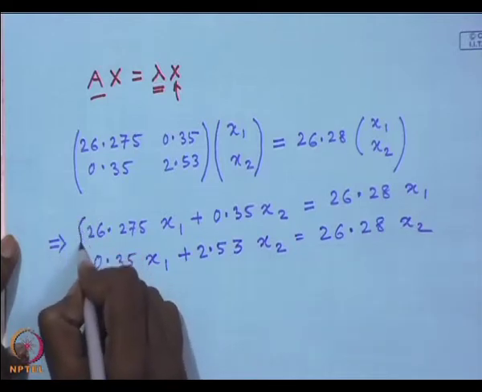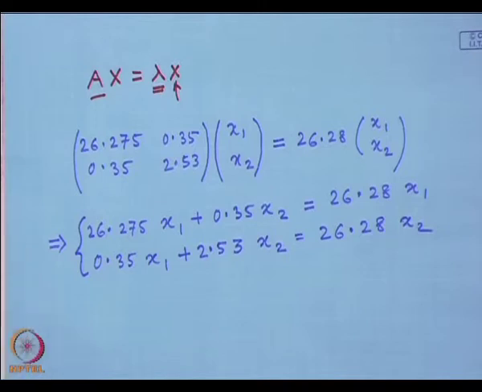So, I get these two simultaneous equations. So, I have to find out the value of x1 and the value of x2 by solving these two linear equations, simultaneous equations.